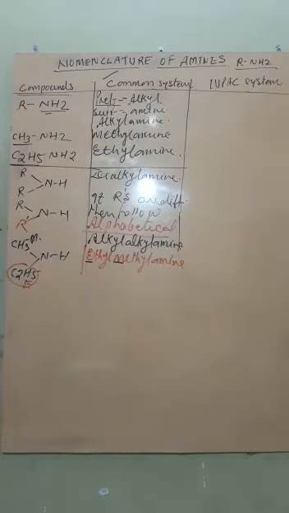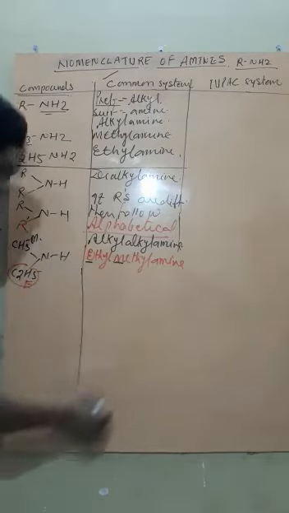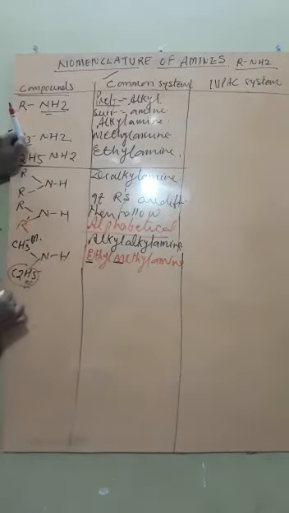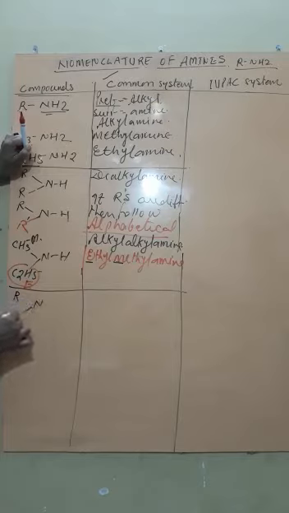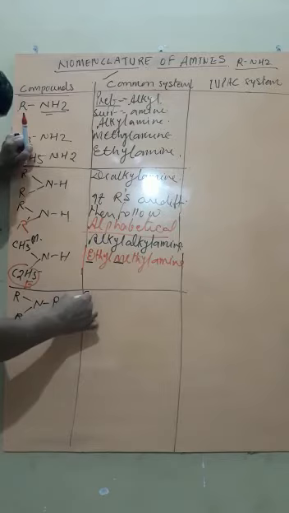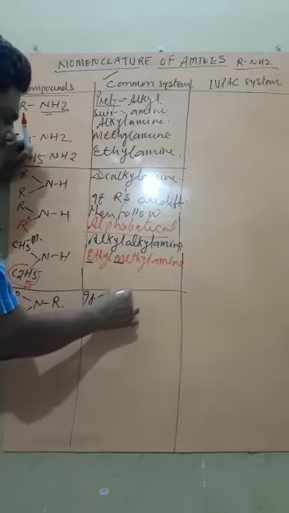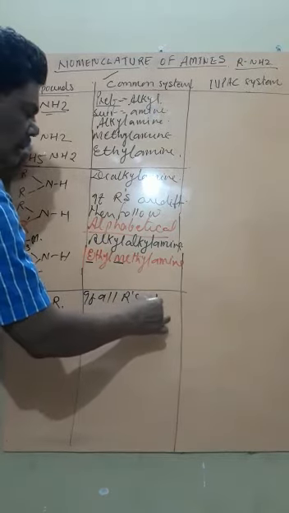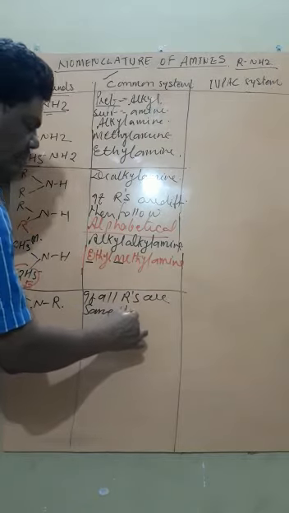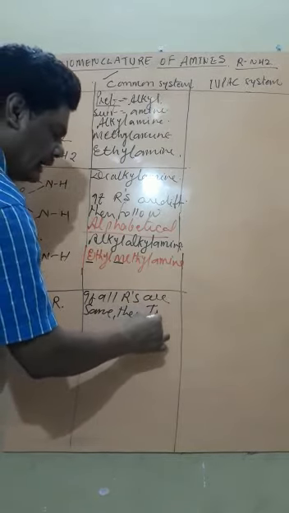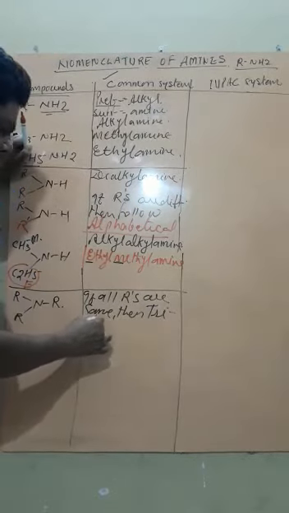Similarly, in the case of tertiary amines, if all the R's are of the same size, then what we write is trialkyl amine. No problem here.